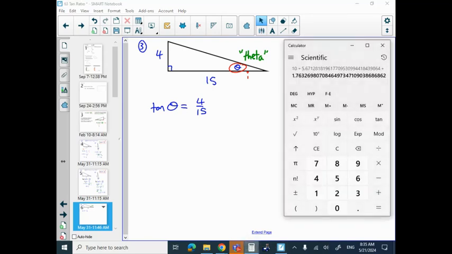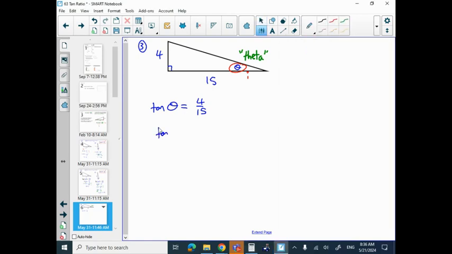Have to clear this here. 4 divided by 15 as a number. And so we have tan theta equals 2.0299. Like that. And then this is the one where we do tan inverse to get rid of the tan button. We're not really doing anything on this side, but we are on the other side, of course, right?